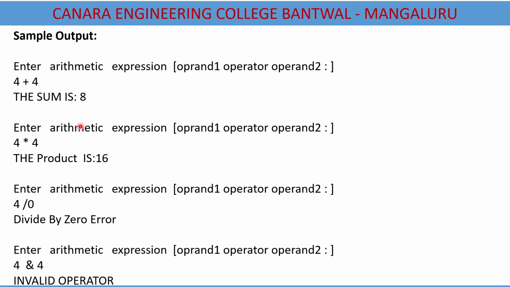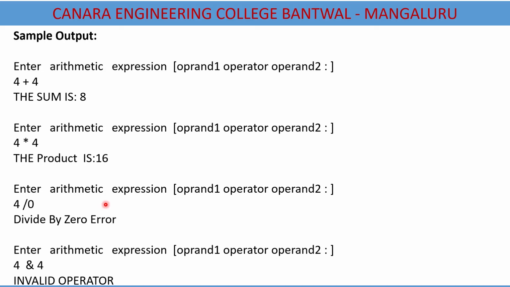Similarly, I'll take one more example. I'll take now 4 divide by 0, that is, 4 divided by 0 as an expression. When it encounters division, it straight away goes to the division case where the division symbol is mentioned. It checks initially if n2 not equal to 0, so it checks whether the second number is 0.